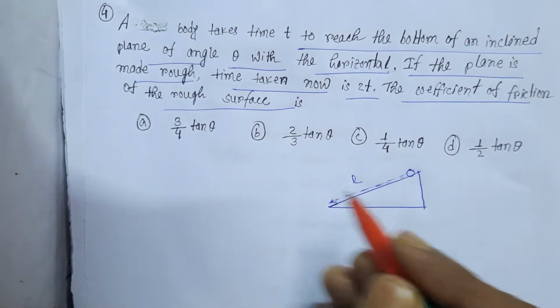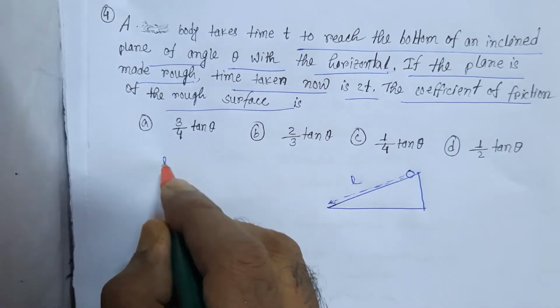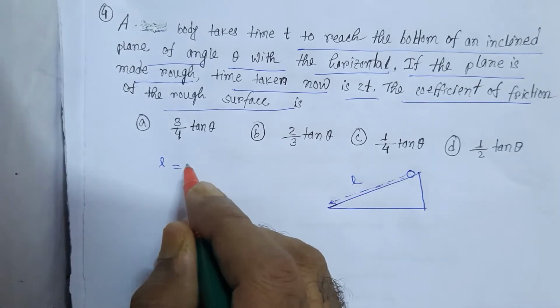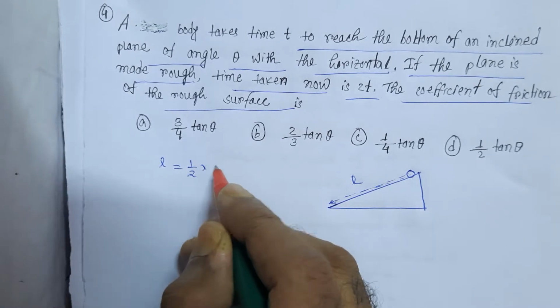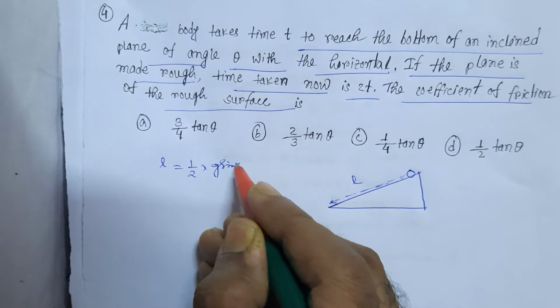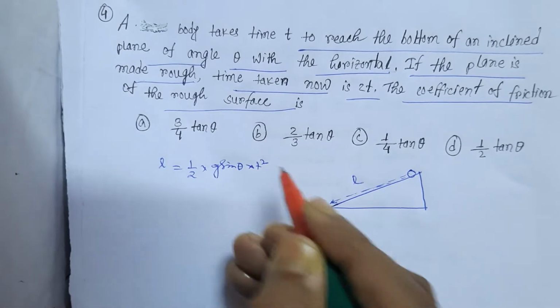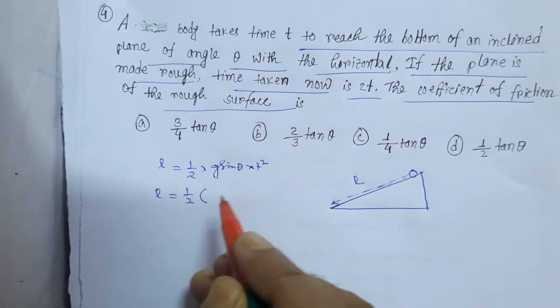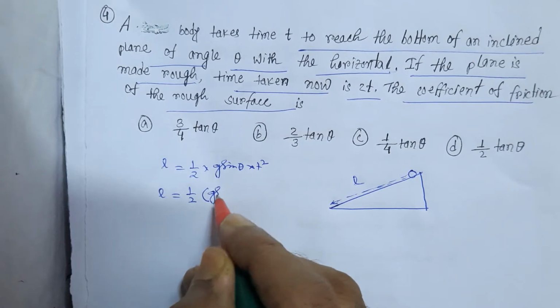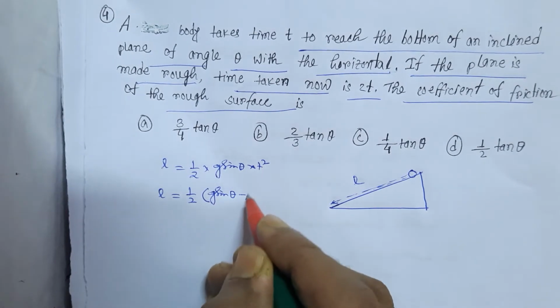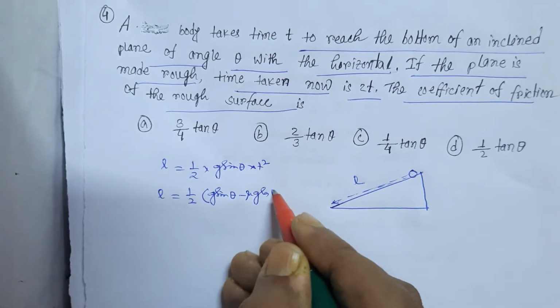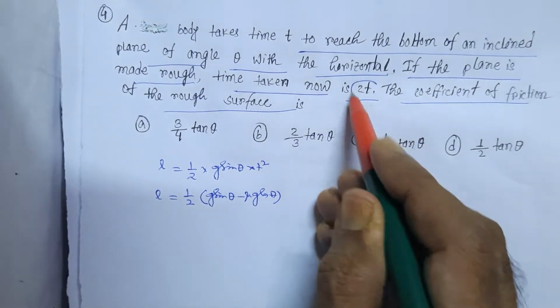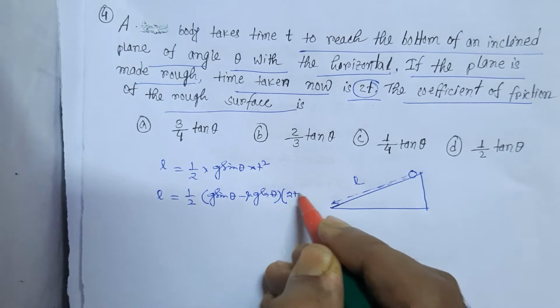If the length of the incline is L, then when there is no friction, L equals half g sine theta into t square. But when the frictional force is acting, L equals half, the acceleration now being g sine theta minus mu g cos theta, and the time taken, according to the problem, is twice t, that is twice t whole square.